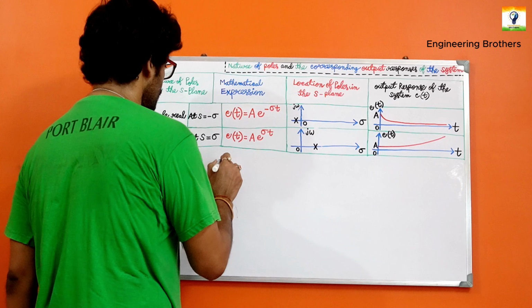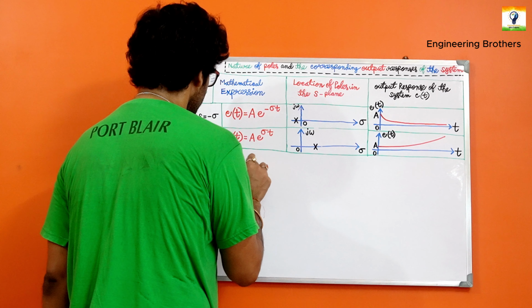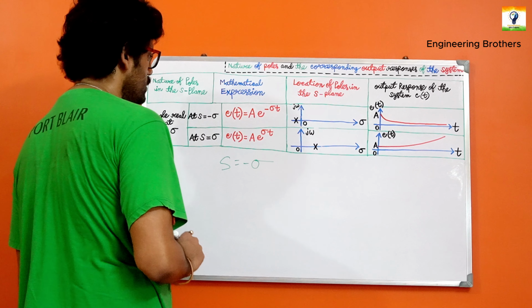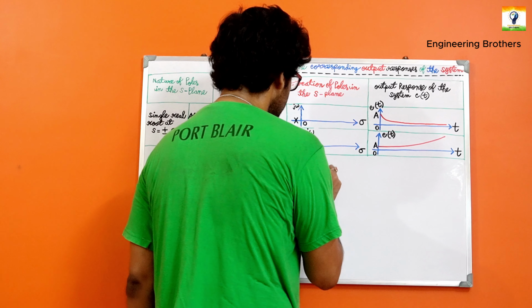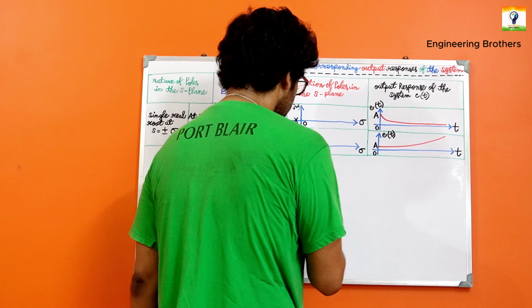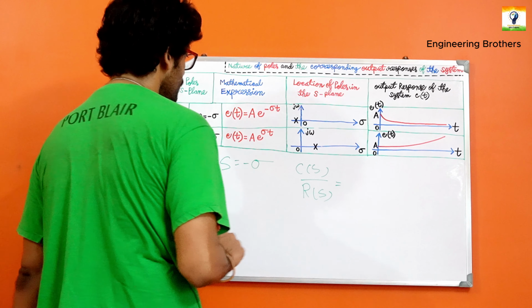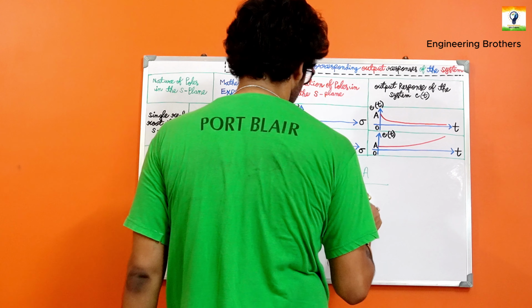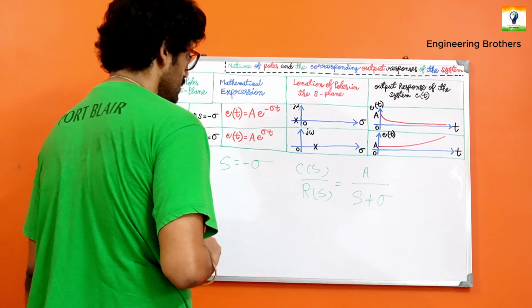First of all, the considered pole is placed at s equal to minus sigma. Now what is the equation? According to our transfer function analogy, we know that C(s) divided by R(s) equals A divided by (s plus sigma).